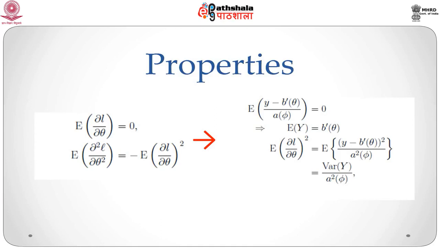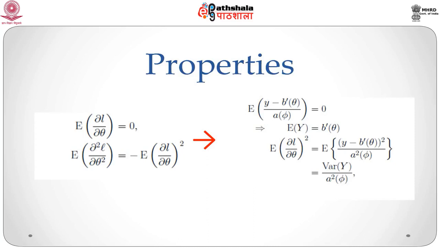Now, using the properties expectation of del L del theta equal to 0 and expectation of del square L del theta square equal to minus of expectation of del L del theta whole square, which we know hold under some very general regularity conditions, we get that expectation of (y minus b dash theta) by a phi equal to 0, implying that expectation of y is equal to b dash theta.